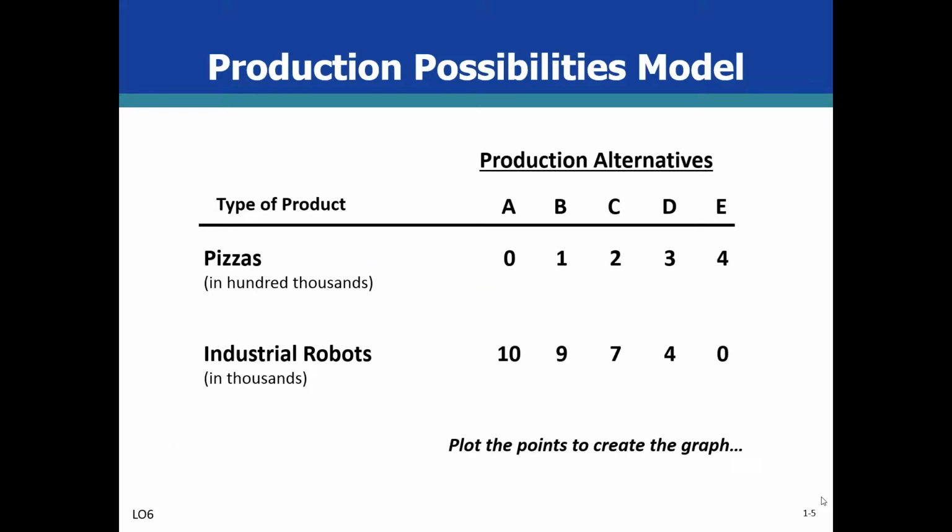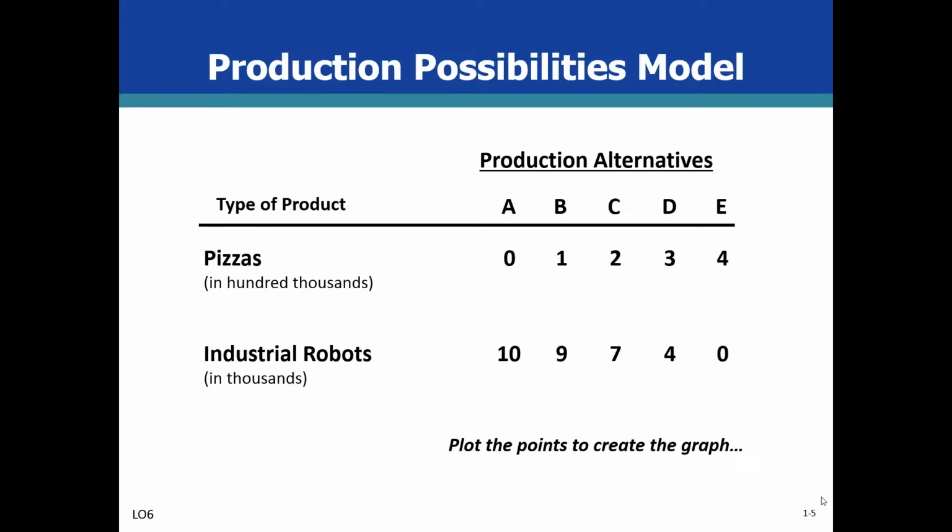Let's quantify the output that can be achieved under these simplifying assumptions. In this model, society can make pizzas, anywhere from 0 to 4 pizzas, depending upon what consumers are looking for. Note the scale is in hundred thousands.